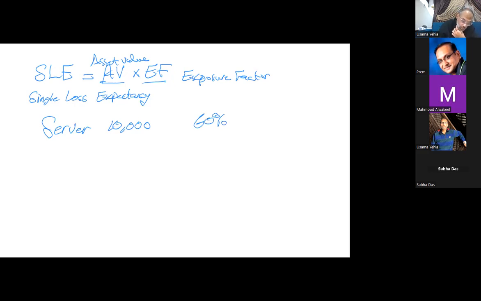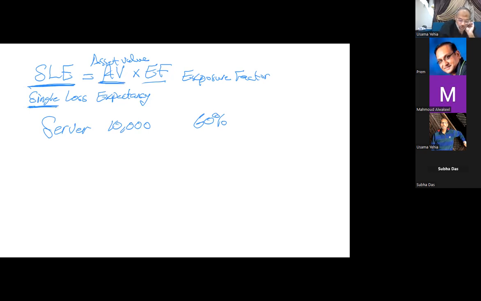Single loss expectancy is the expected value of loss if the risk happens once. It is the value of the loss if the threat happens once, and this is the reason why it's called single.